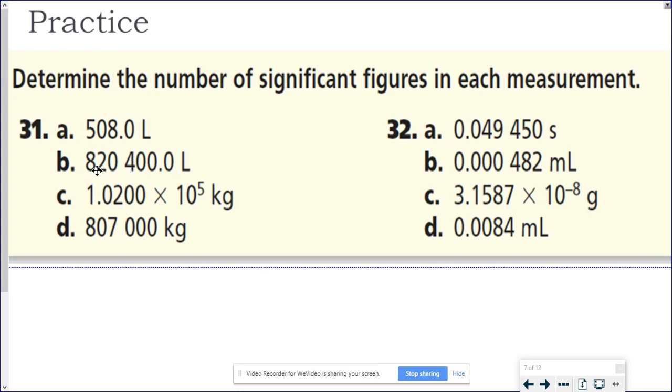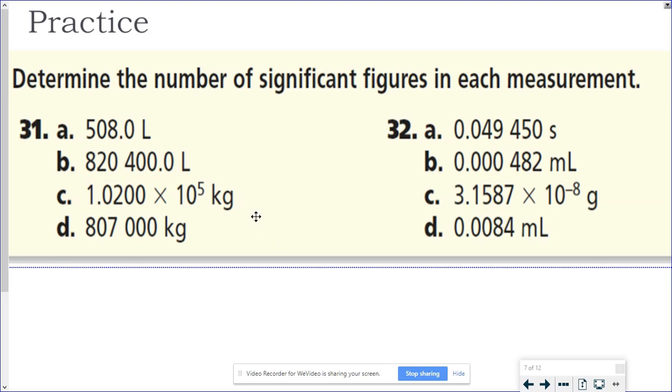This 0 is between 2 significant numbers, so therefore it's significant. This is a final 0 to the right of a decimal point, so it's significant. And if that's significant and this is significant, these are zeros between significant numbers. So every number in this is significant.